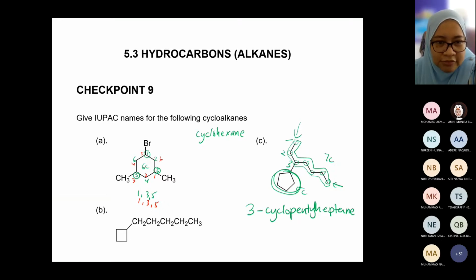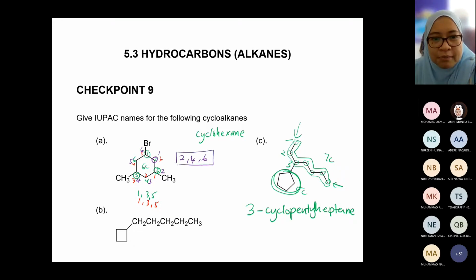Tempat lain. This one. Ni. Carbon ni. This carbon as carbon number 1. So saya nak ke bawah. 1, 2, 3, 4, 5, 6. So saya akan dapat 2, 4 dengan 6.